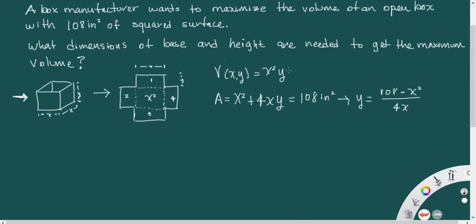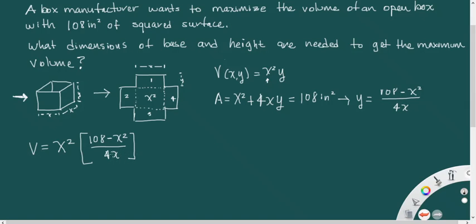Okay, replacing the y in the volume formula, we will come up with this. So our new volume is equal to x squared times y. And y, we know that y is equal to 108 minus x squared divided by 4x.